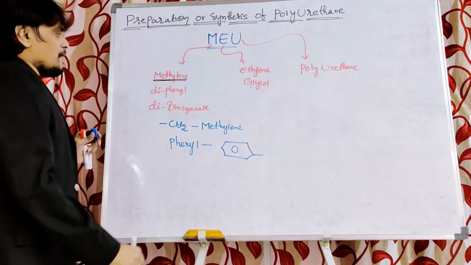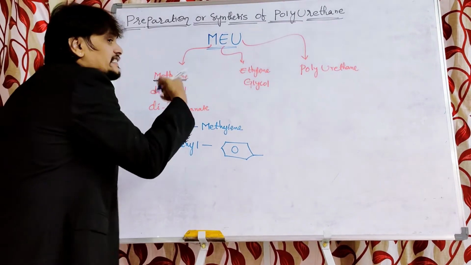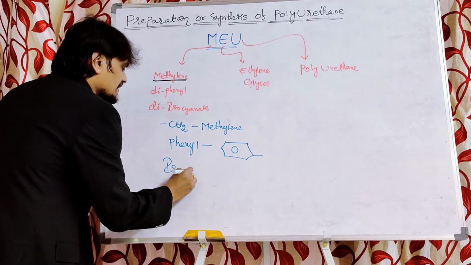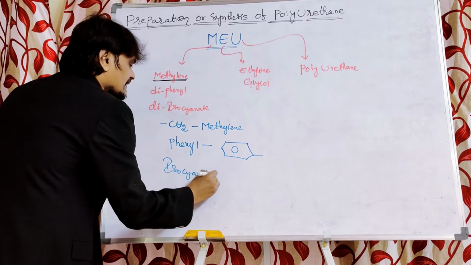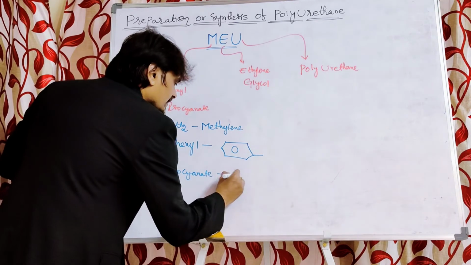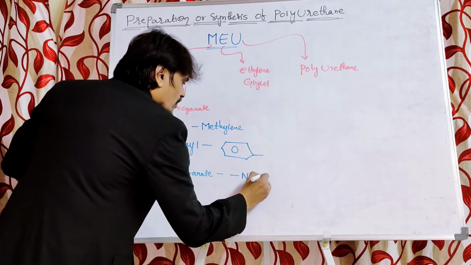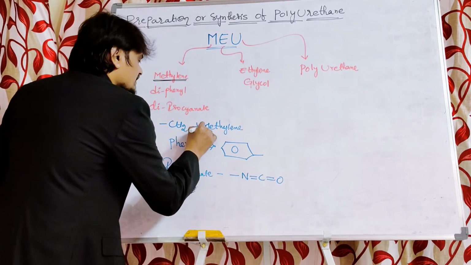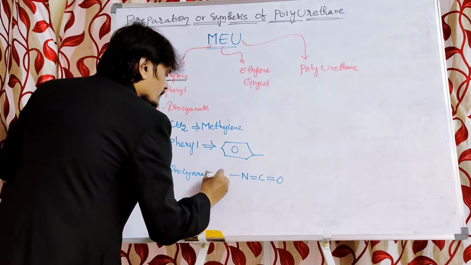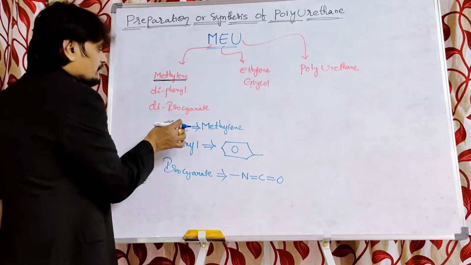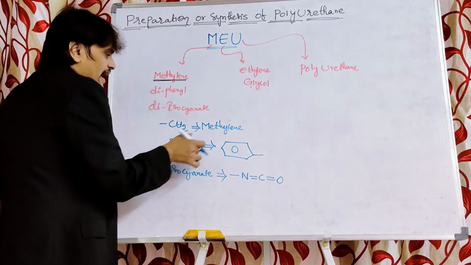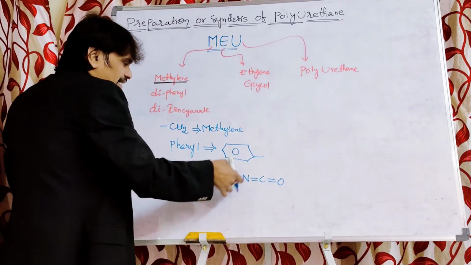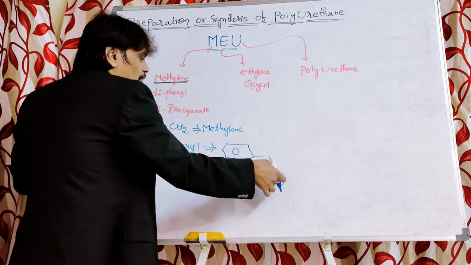And isocyanate, what is isocyanate? Isocyanate is N=C=O. So methylene means CH2, phenyl means benzene moiety, and isocyanate means N=C=O. Just remember that.